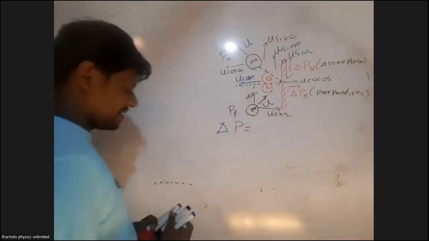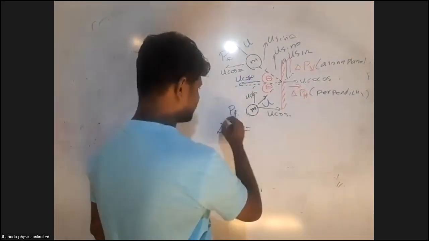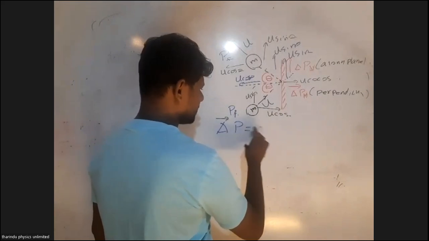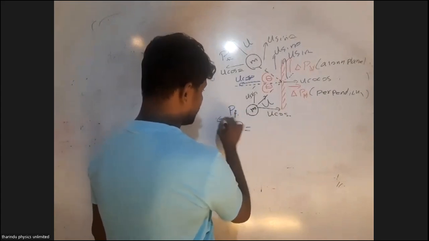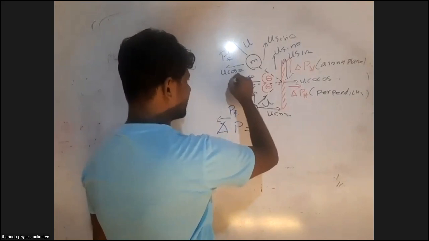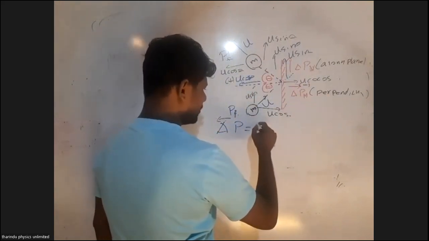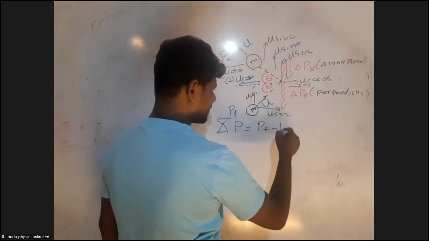Now I am going to consider the perpendicular direction. I am going to consider this as the positive one and this as the negative one. P final minus P initial.